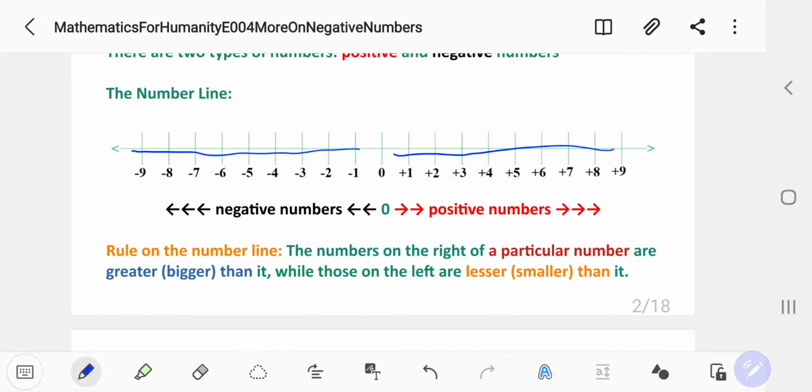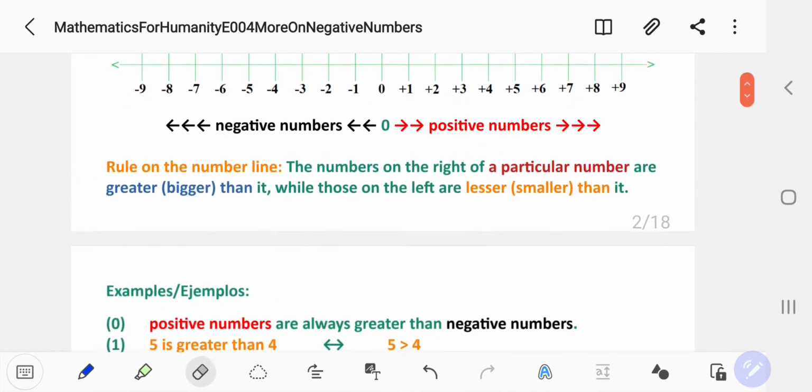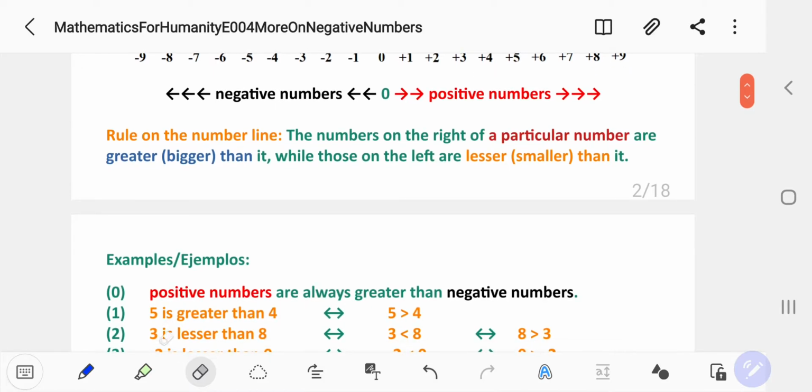So the positive numbers are always on the right side of the negative numbers, so they are greater than the negative numbers. Next one. 5 is greater than 4 here. Or you can symbolize greater than with this symbol.